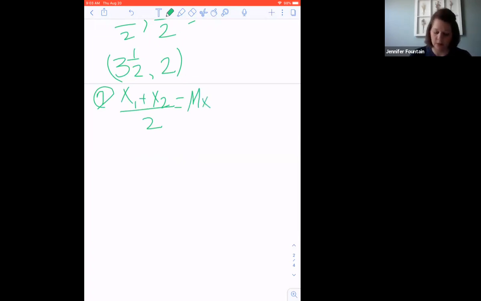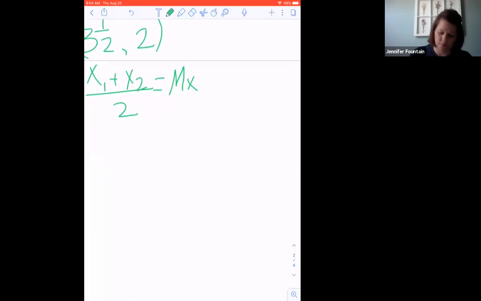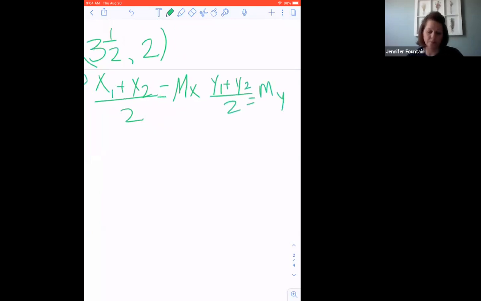I'm totally making up my own notation there. And then we have y1 plus y2 divided by 2 equals the midpoint y. I'm going to run out of room, so I'll write a little bit smaller.